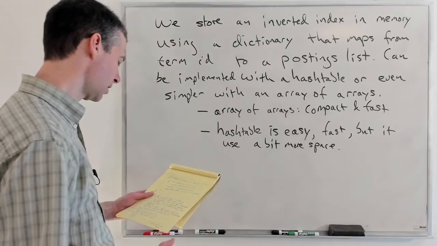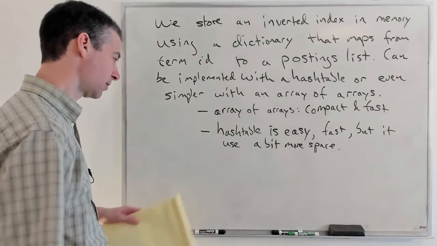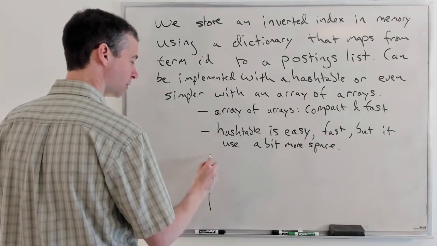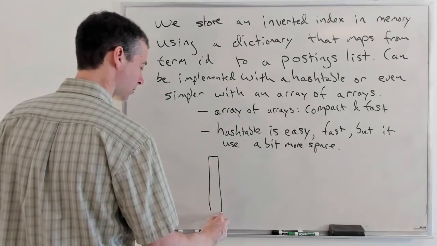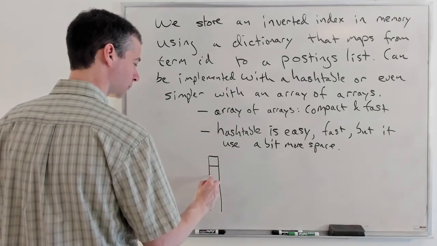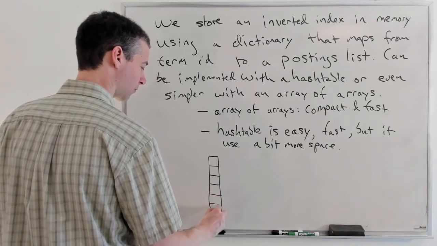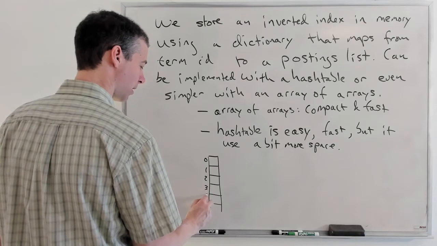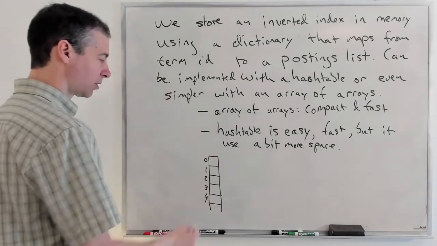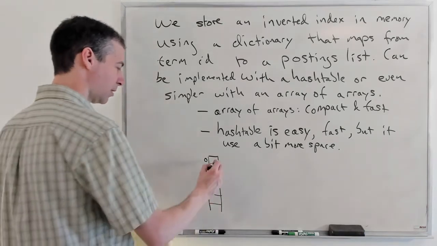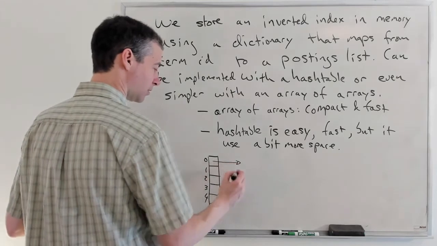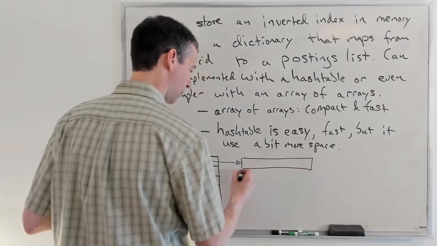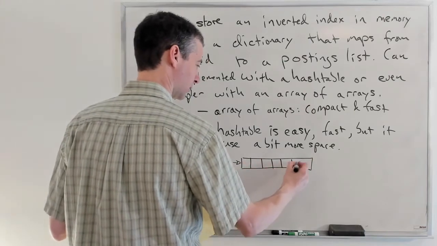All right, and you can see how if we look at the notion of doing an array of arrays, how simple it actually is. So you're going to have some array, and you're going to have indexes for this array. So these are the term IDs, and it just holds a reference to another array, which happens to be the postings list.